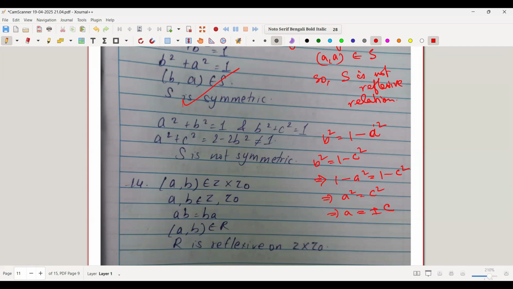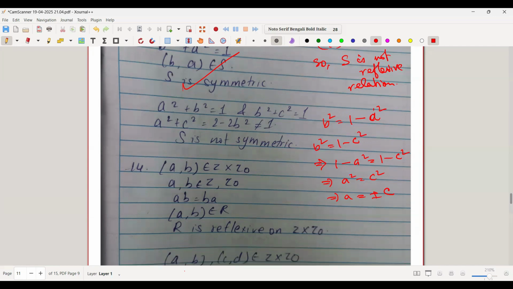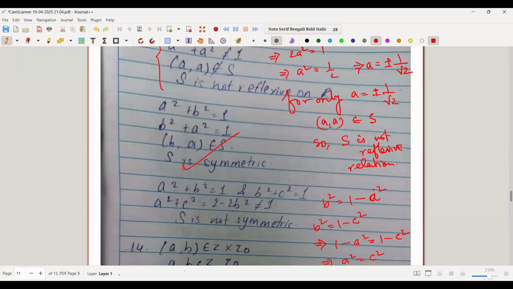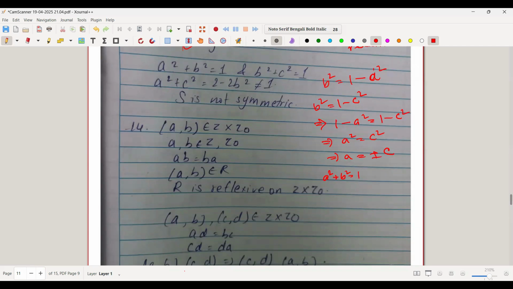So whenever a square plus b square equals 1 and b square plus c square equals 1, that means a equals plus minus c or c equals plus minus a. So a square plus b square equals 1, this is equal to b square plus c square. This implies a equals plus minus c.